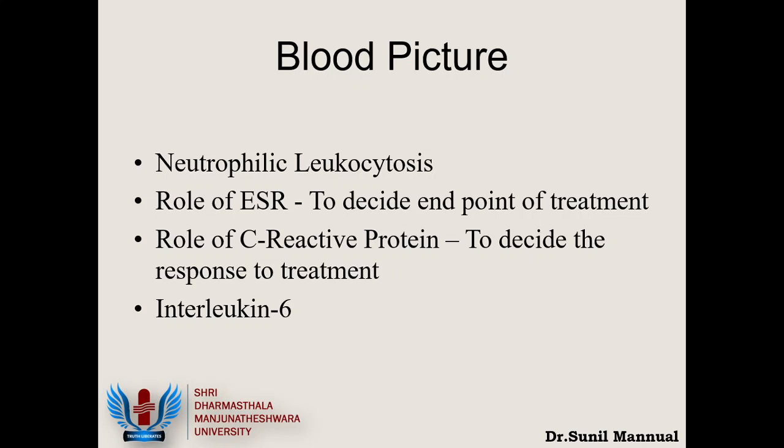Basically, the ESR falling at 6 weeks would help us to decide the end point of treatment. That is, at 6 weeks, if the ESR has still not come back to normal, then the clinician, based on other clinical parameters, may consider prolonging the antibiotic course. So that is the concept between ESR and C-reactive protein.